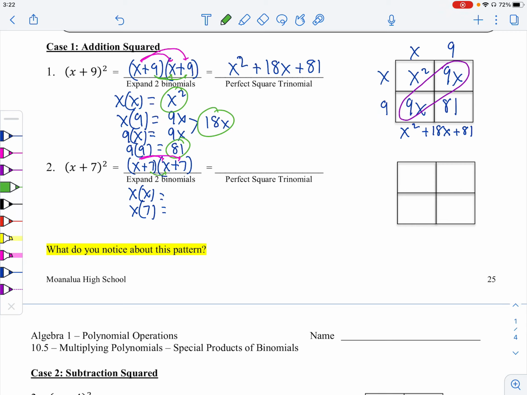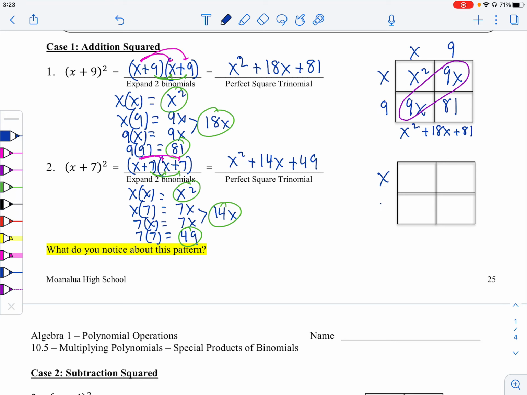Then we go to the next one, 7 times x, then 7 times 7. So x times x, x squared. 7x, 7 times x, 7x again. 7 times 7, 49. Middle terms combine, 7 plus 7, 14, right? So we got x squared, 14x, and 49. Highest power always first: x squared, positive 14x, positive 49. And that's our answer right there.